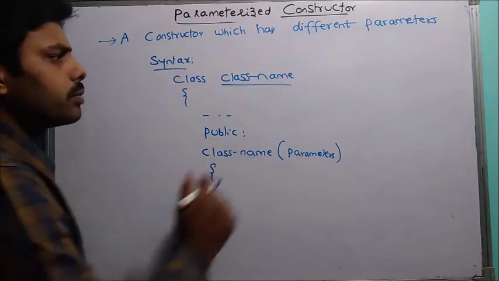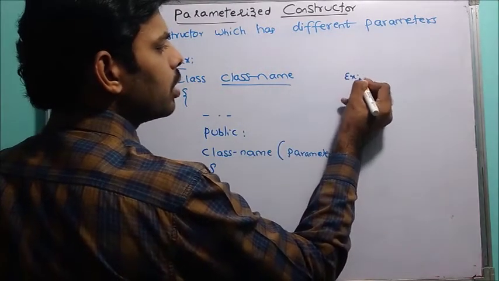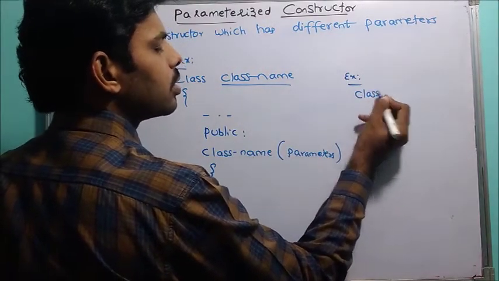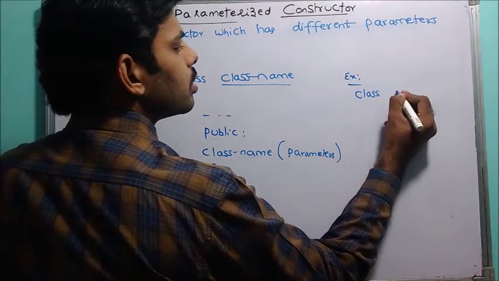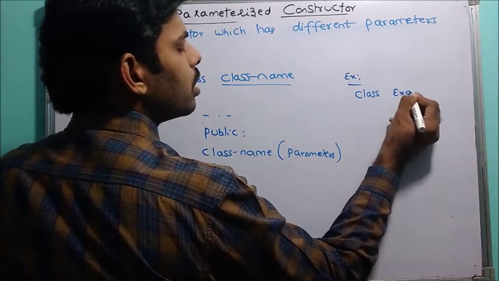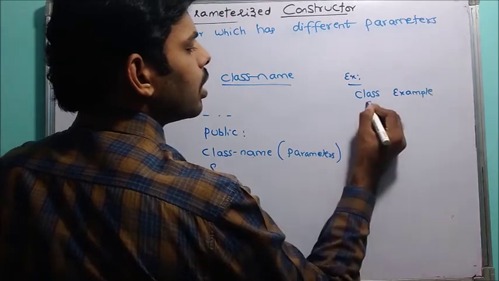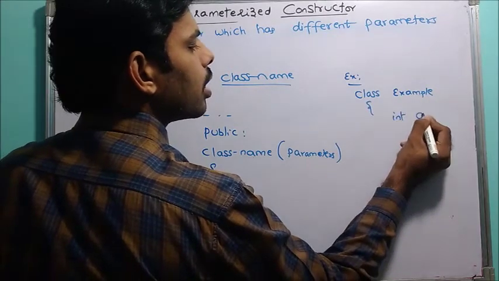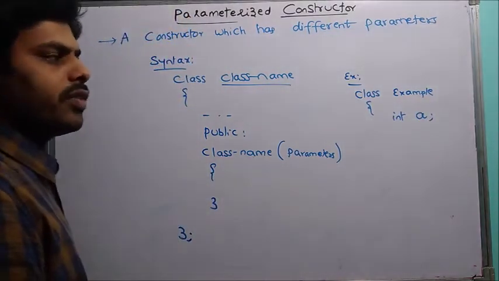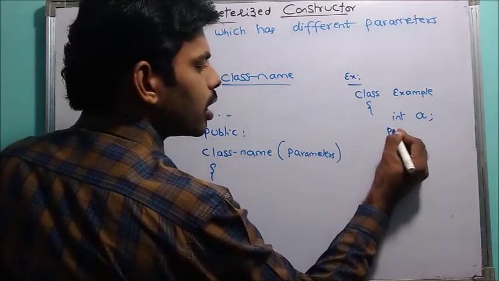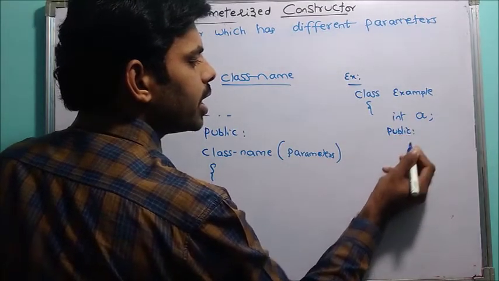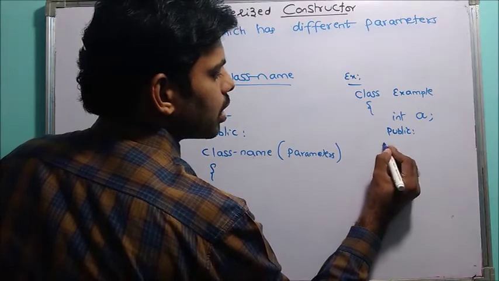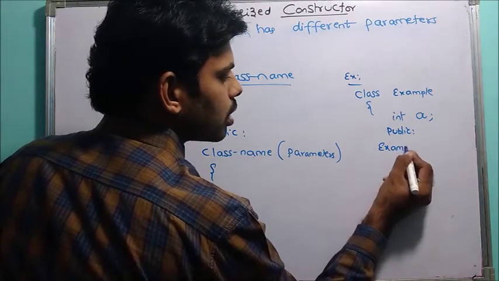For example, class example. Example is the class name. Here one private variable is there. In the public part, I am declaring one constructor, example.